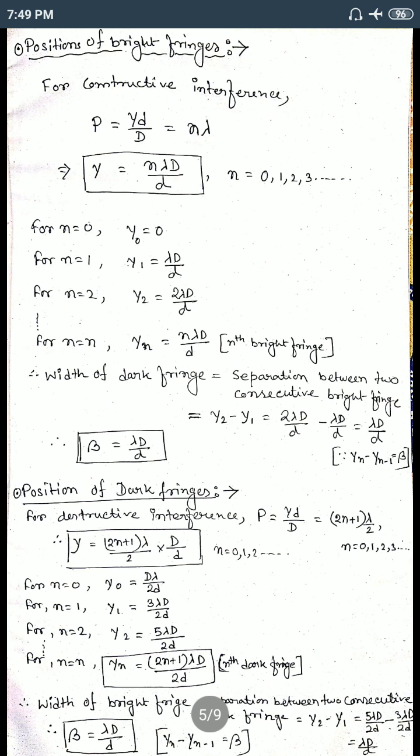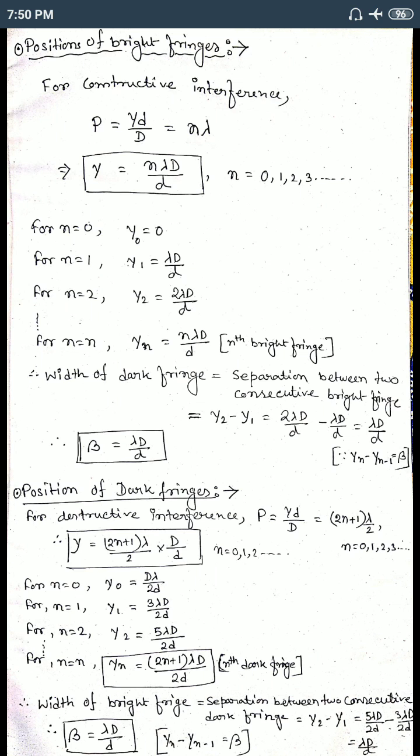Now, the position of bright fringes. If bright fringes are formed at point P, what will be their positions? For constructive interference, the path difference yd by D, as we discussed in the last video, equals n lambda. The path difference will be an integral multiple of the wavelength lambda.